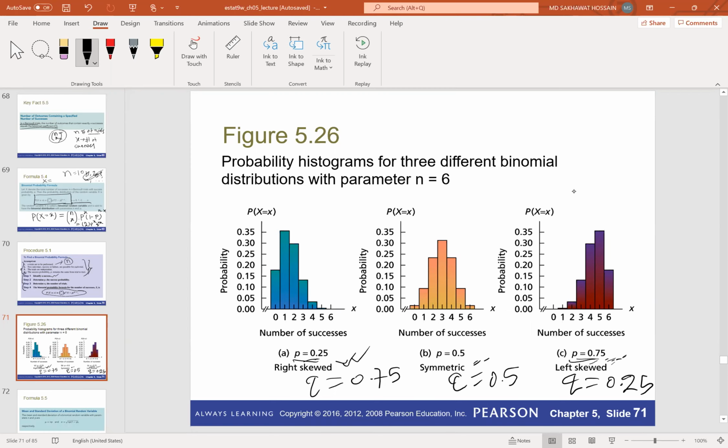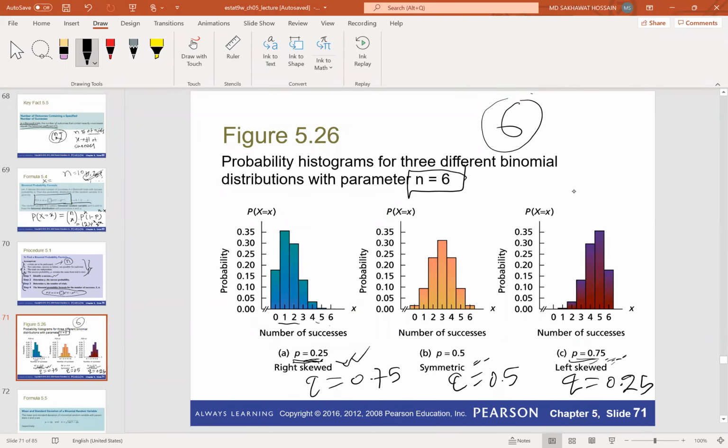Okay, now you can see this is the number of success. We have a total of n equal to 6 trials, so the maximum number of success we can have is 6, right? When p is equal to 0.25, we expect a smaller number of success.